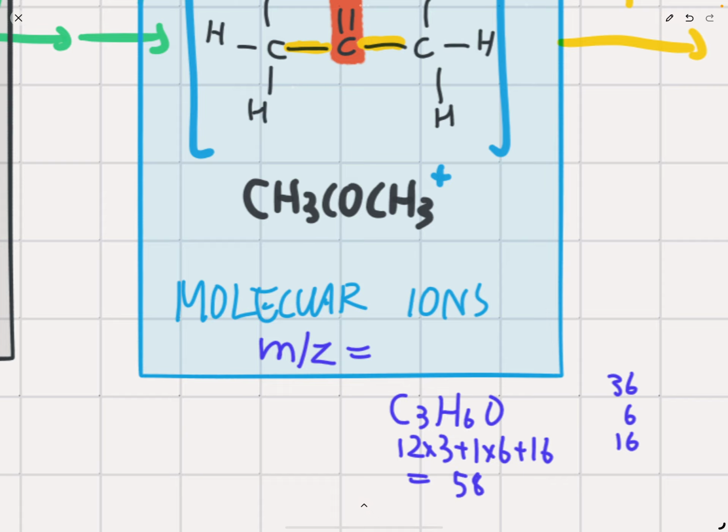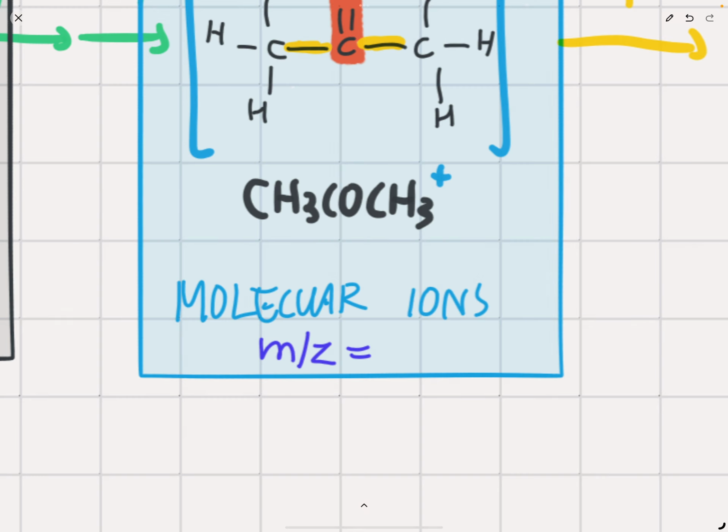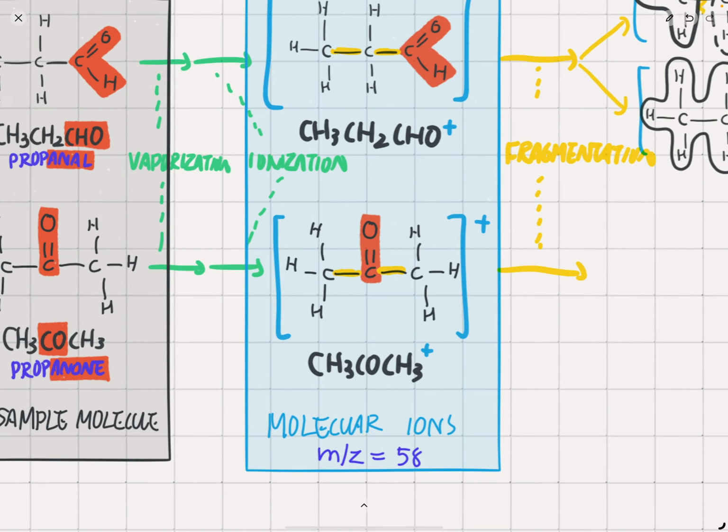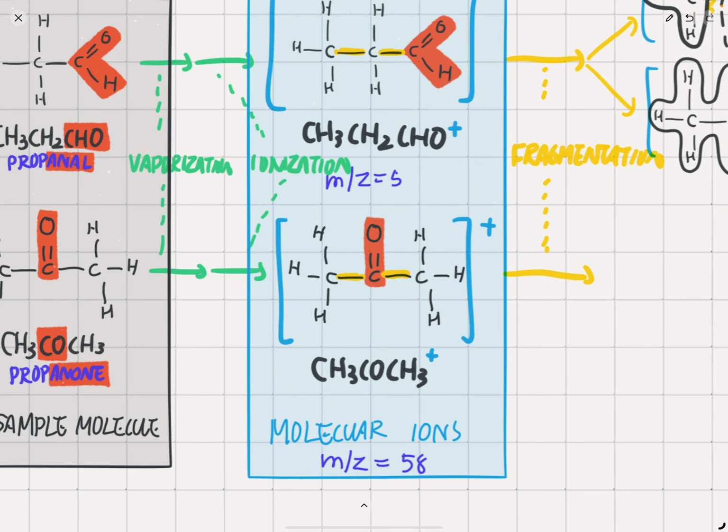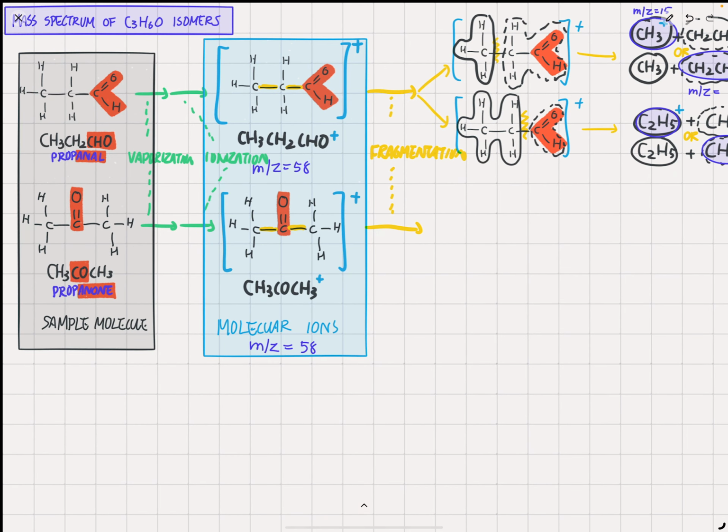So it should be 58. So the mass to charge ratio of both of these molecular ions should be 58, as they are isomers. Isomers share the same molar mass, and therefore the same mass to charge ratio.